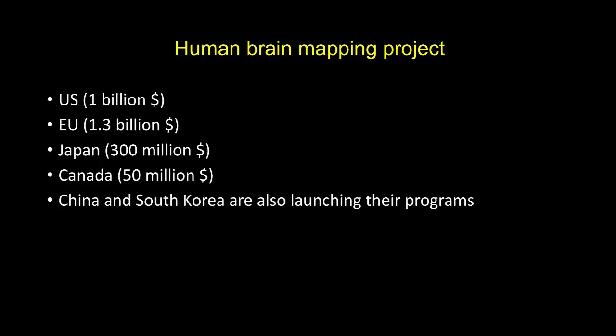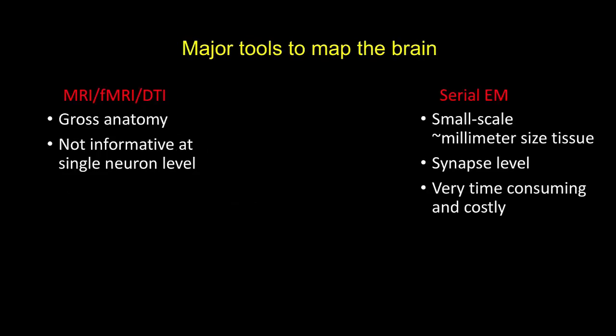So it is clear to everyone that understanding how the brain is wired and how it works is really critical, to see how we think and learn, as well as how we can treat diseases like Alzheimer's, Parkinson's, depression or schizophrenia.